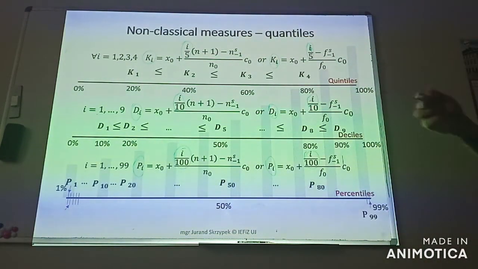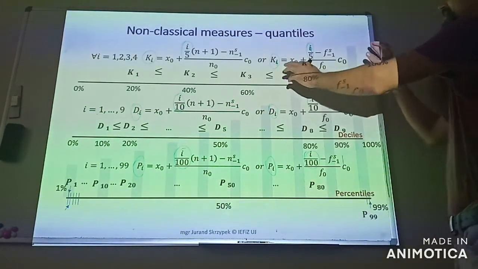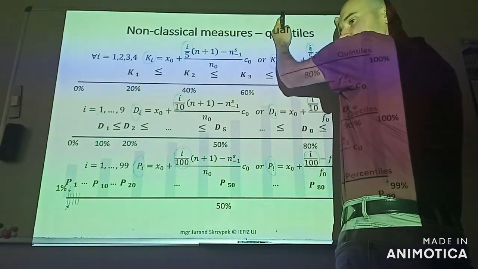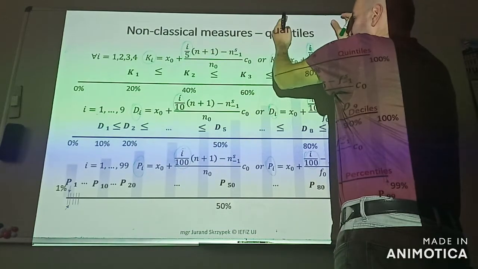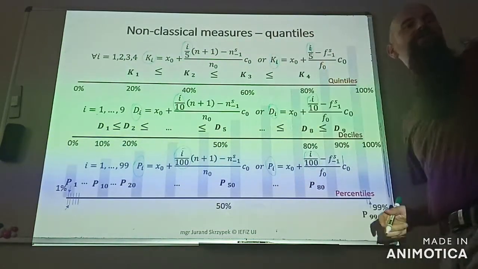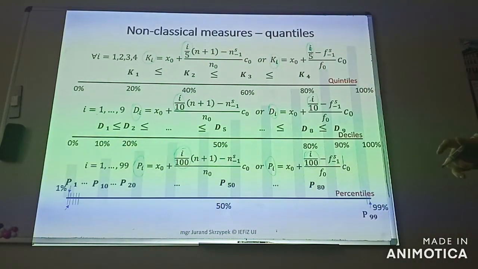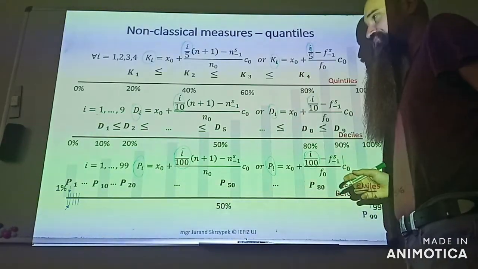Fourth quintile means 80%, so I can indicate the last 20% of the population, which is characterized by the highest values, but not lower than the fourth quintile.